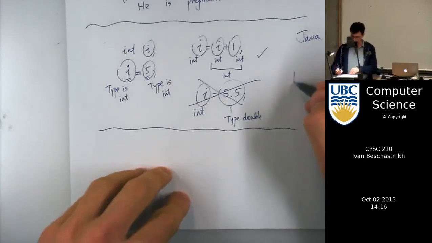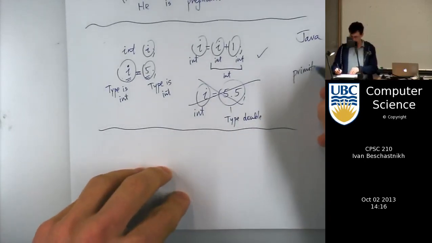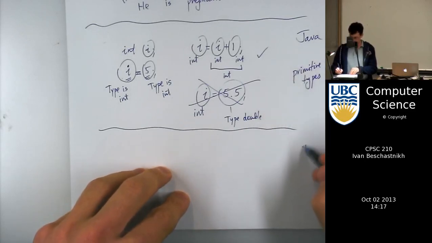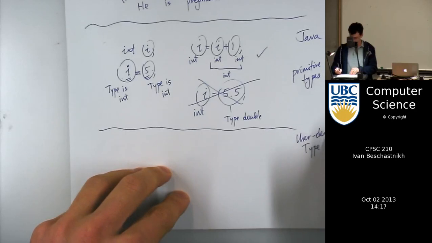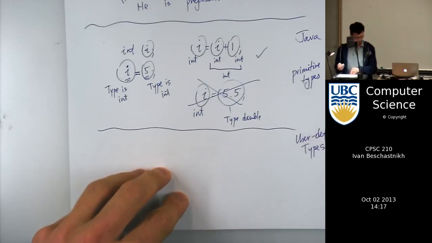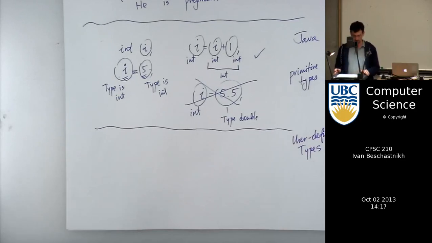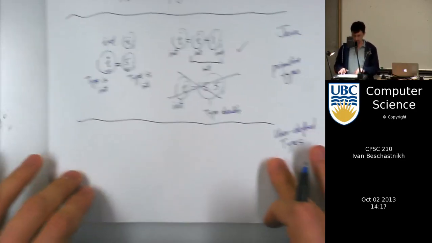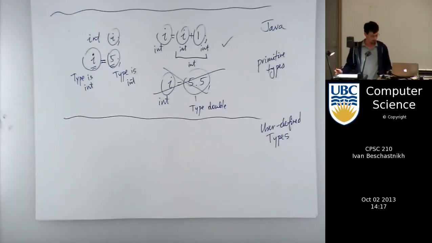So this is like primitive types, and this is user defined, or really just anything complex, like instances of classes, objects.